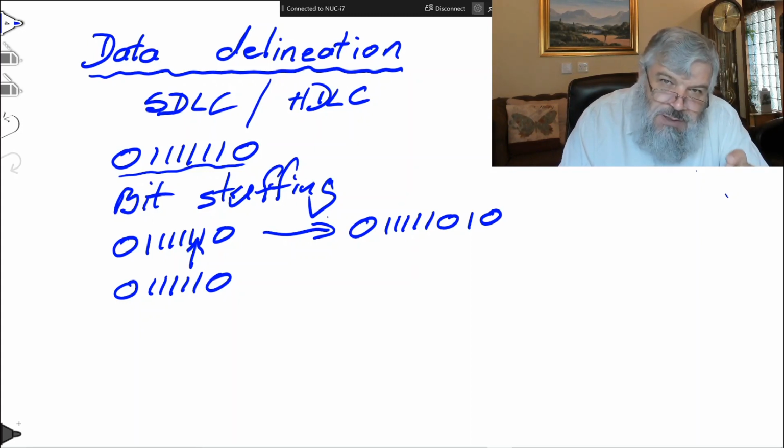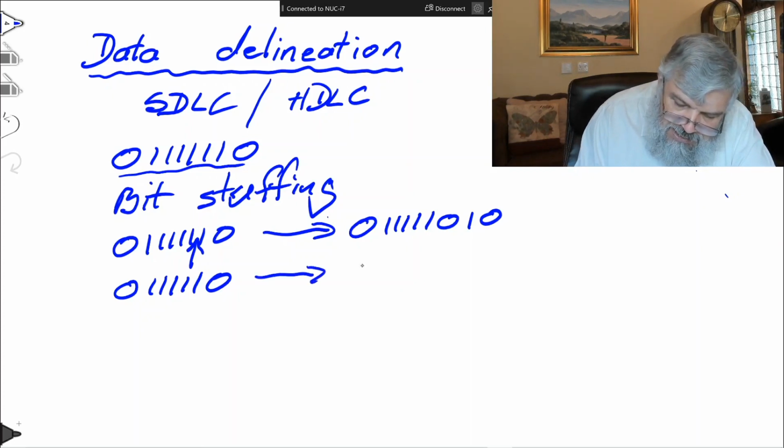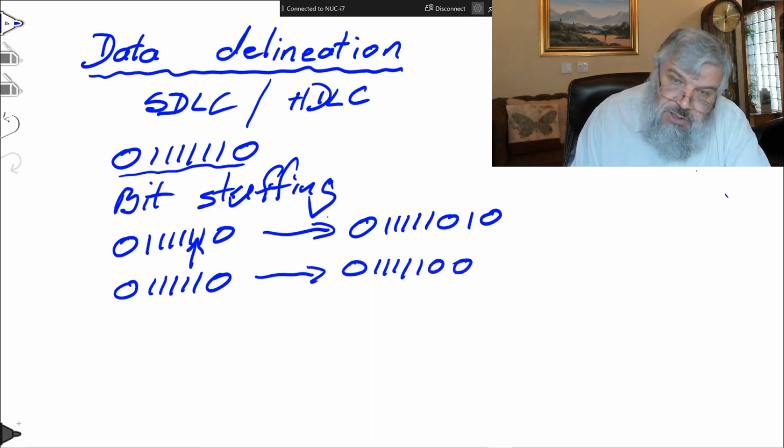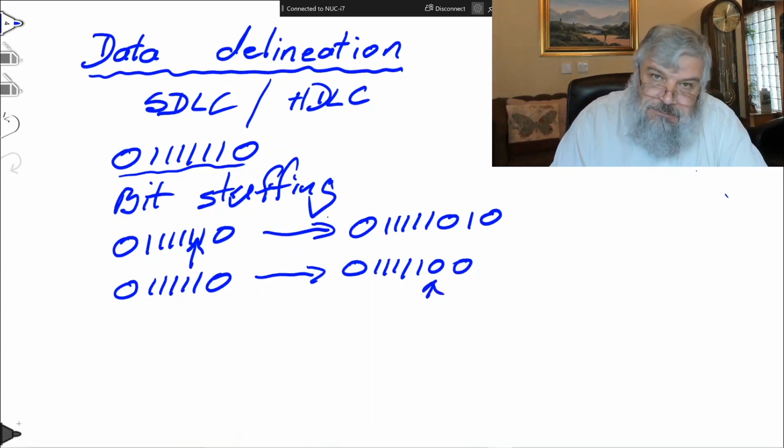After 5 ones, insert a 0. So that will be transmitted as a 0 and then 5 ones, and then the inserted 0 and then the 0 in the original data. So just to get back to the terminology, the bit stuffing, that 0 there will be stuffed in.